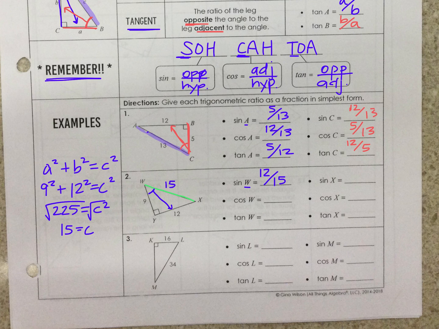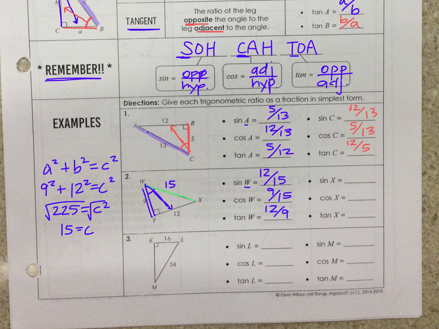If you don't want to reduce it, I would take it how it is, because I know you know how to reduce on your calculators. The cosine of W is adjacent over hypotenuse, and the tangent is opposite, which is our 12, over adjacent, which is our 9.